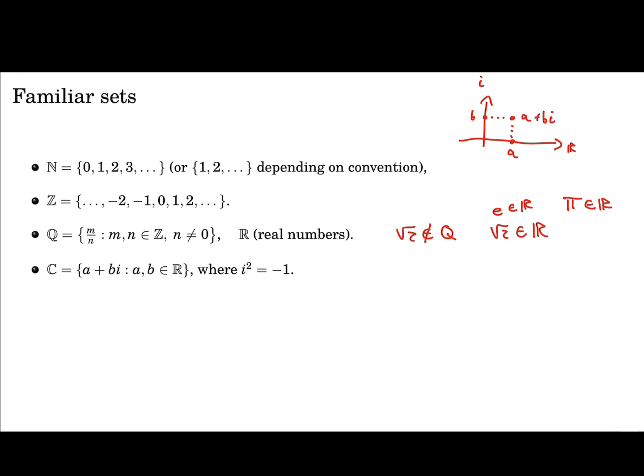It's sort of working in R2 if you've done linear algebra. So this is like the Euclidean plane, but it has multiplication. You're able to multiply points in the plane, and it has the rule that i squared is equal to -1. So the complex numbers are the a plus bi such that a, b belong to R, and i here is a special number that has this property.